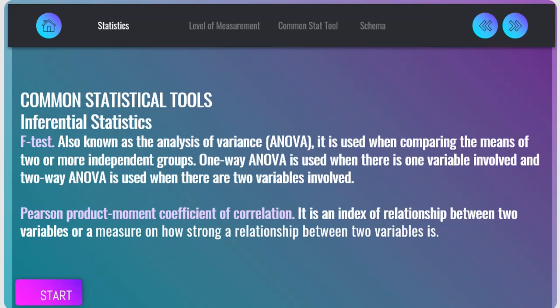Another type of inferential statistics is the F-test, also known as ANOVA or analysis of variance. It is used when comparing the means of two or more independent groups. One-way ANOVA is used when there is one variable involved, and two-way ANOVA is used when there are two variables involved.